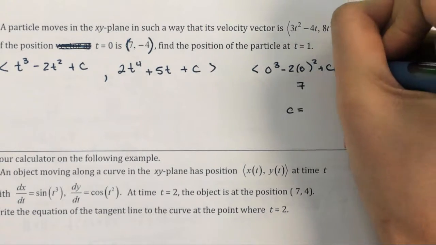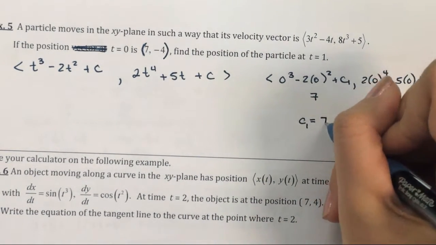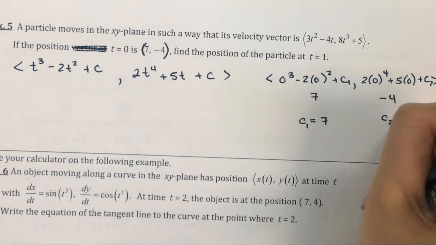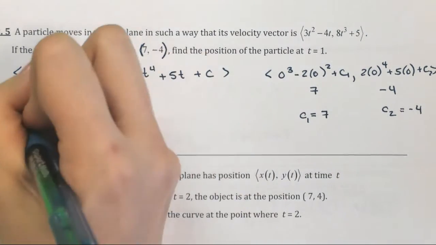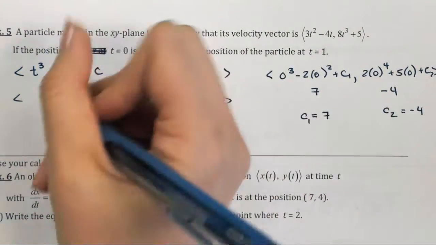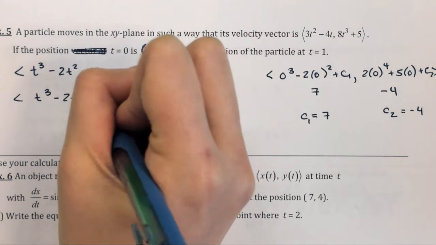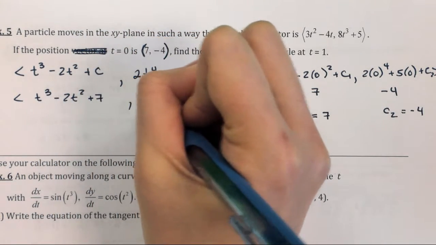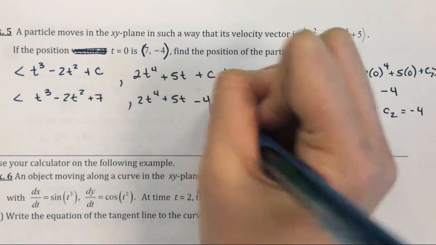I'll name them C1 and C2 maybe. C1 has to equal 7, and C2 has to equal -4, right? So I can go back and make my vector t cubed minus 2t squared plus 7 and 2t to the 4th plus 5t minus 4.